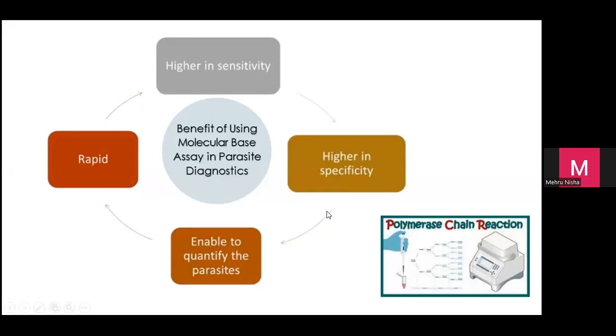Molecular ni cerita panjang because you kena extract DNA, reagent dia mahal, you need a machine and so on. Okay. The reason is highly sensitive, higher in sensitivity. Pelajar-pelajar, adakah kamu mengenal perkataan sensitive? Higher in sensitivity.